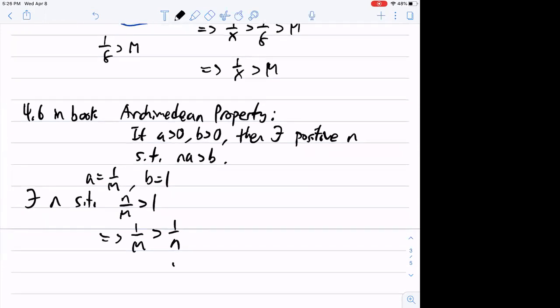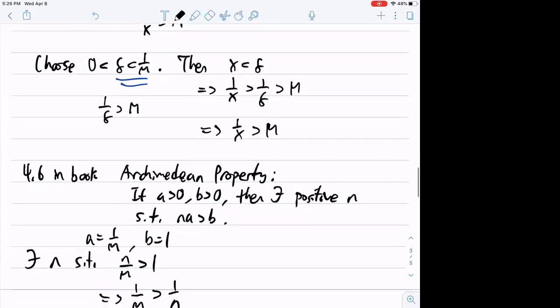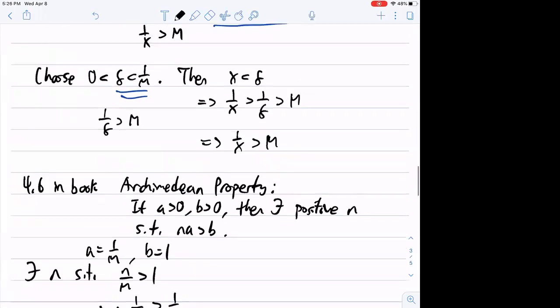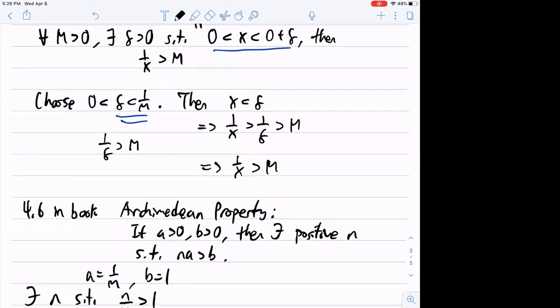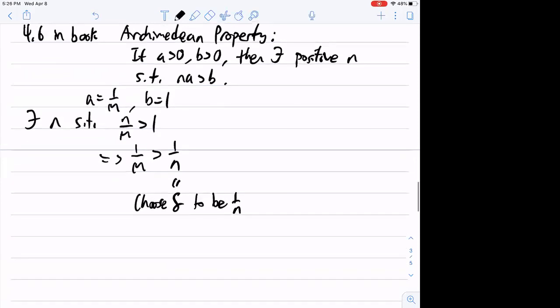So we choose delta to be this. Remember, I just need some delta less than 1 over m, so this delta will hold. Or I think it's fine if you just say the interval 0 to 1 over m has some number, and then you just choose delta to be one of those numbers.